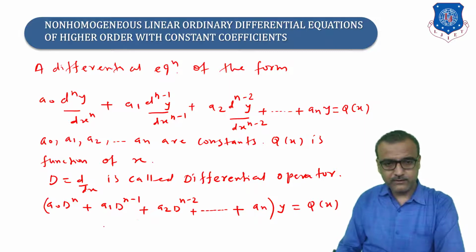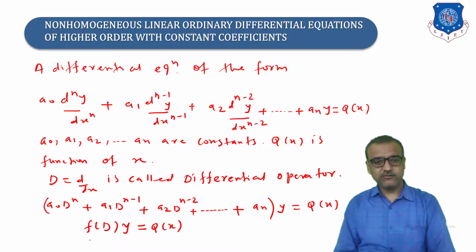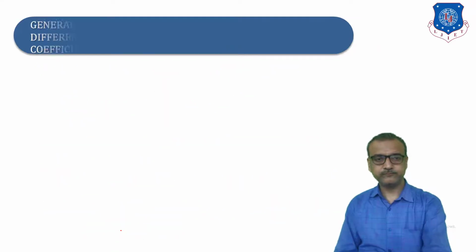Here this bracket is a function of D, so f of D y equals Q of x. So a differential equation of this form, f of D y equals Q of x, is a non-homogeneous linear ordinary differential equation of higher order with constant coefficients. Here the order is n.